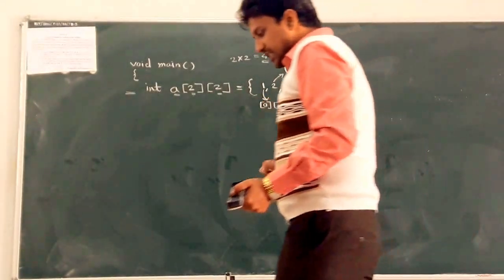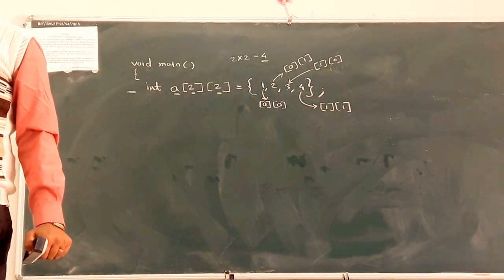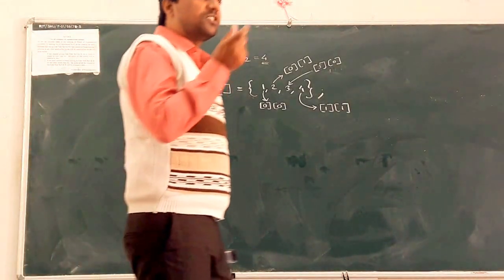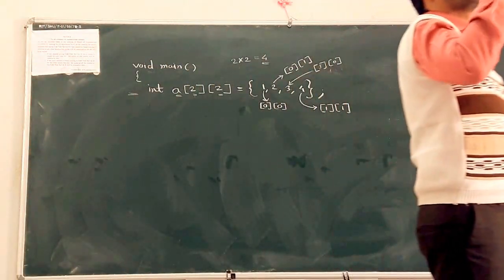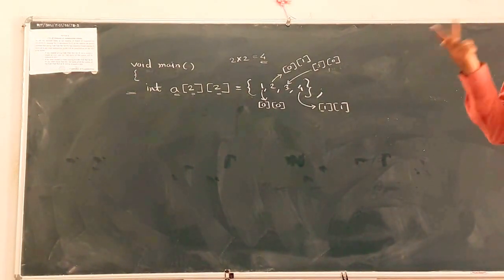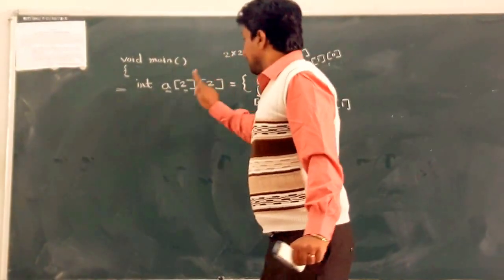Because what is the drawback of arrays in C language? Compiler or runtime environment does not detect the overflow or underflow of an array, maybe one-dimensional, two-dimensional or multi-dimensional. Clear?